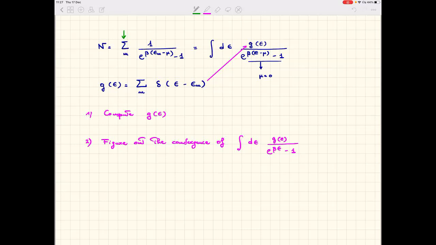So whether I have momentum sitting there or principal quantum numbers of an harmonic oscillator or whatever you want, you can always rewrite things in this energy form, provided you calculate your density of states. Okay? Is it clear? Yes.